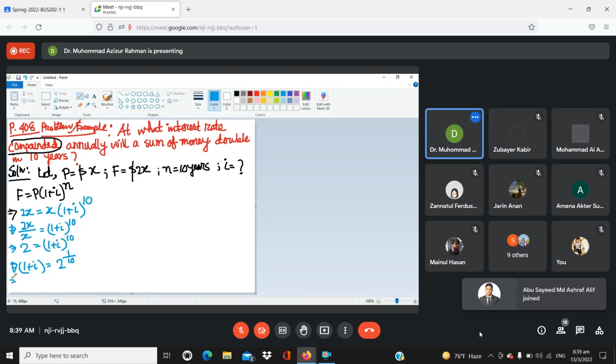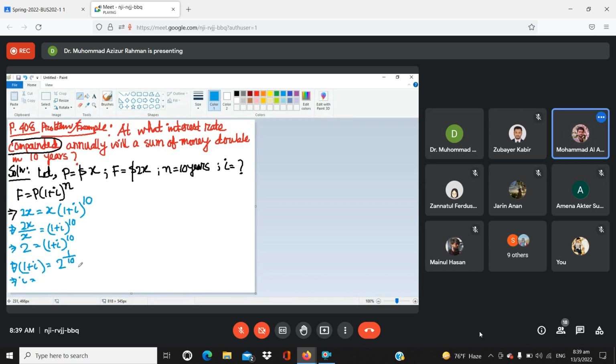What is the value of this? 1.07. Then minus 1, that means 0.07, which equals 7%. So this is the value of I, the interest rate.